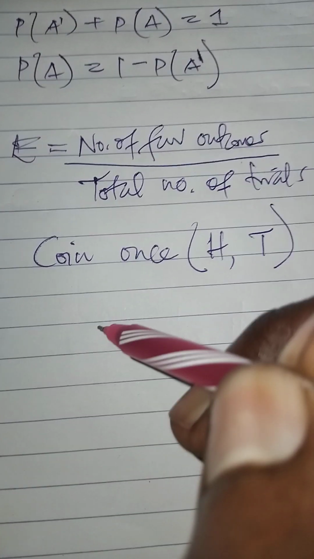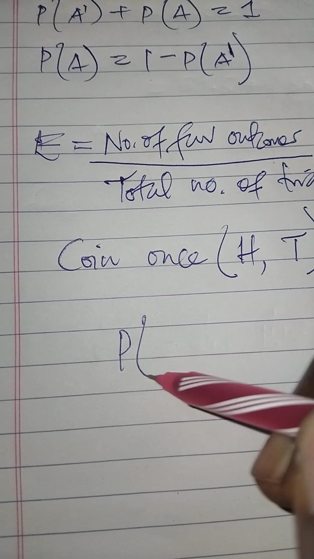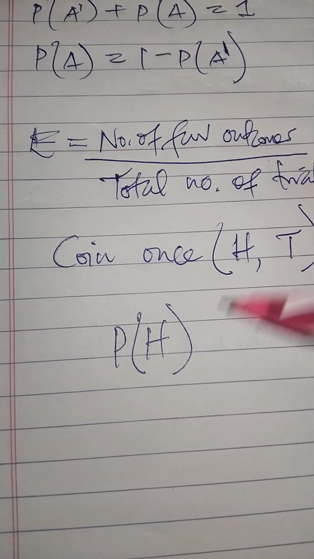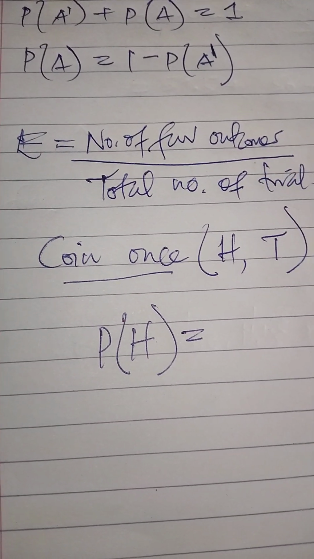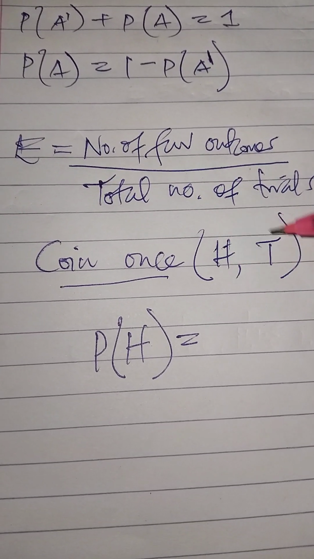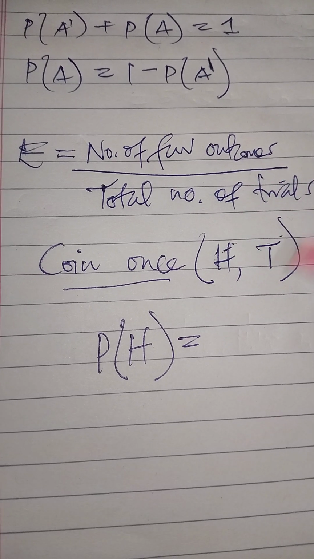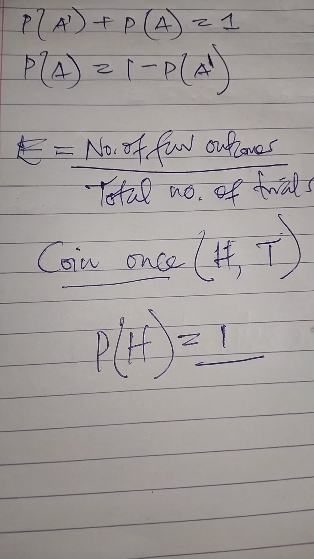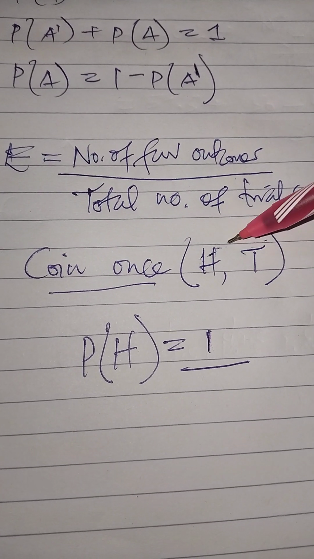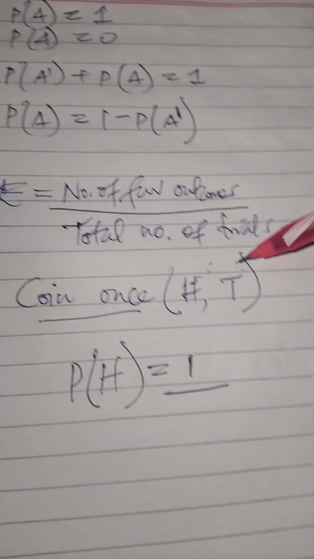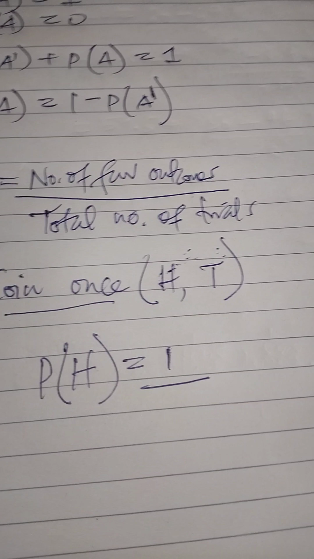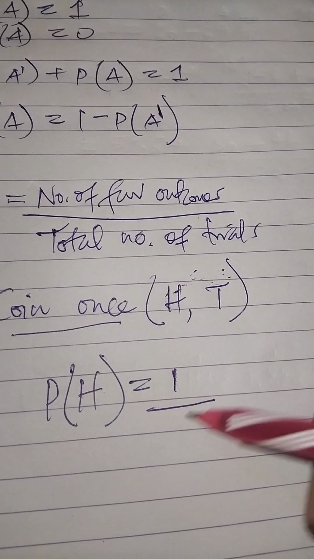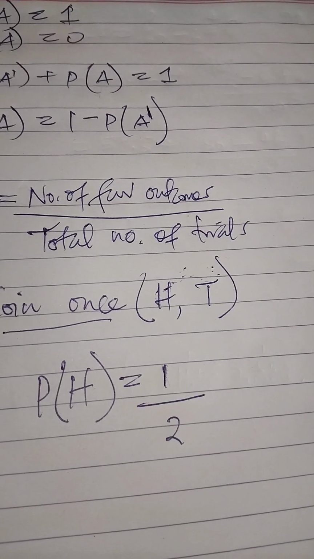So if you want to get the probability that when you toss a coin once you'll get a head, how many favorable outcomes are here? We have 1 head, so head is 1. Then the total number of trials, or total number of outcomes, we have 2. So 1 over 2.